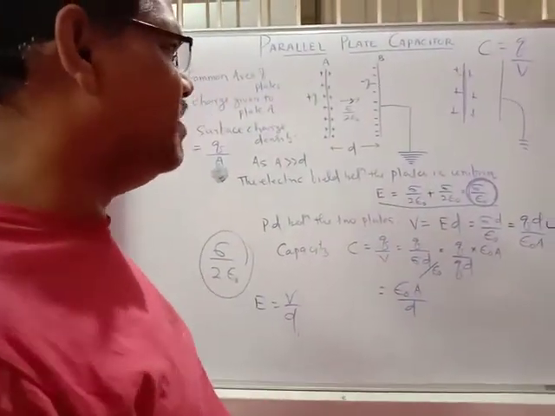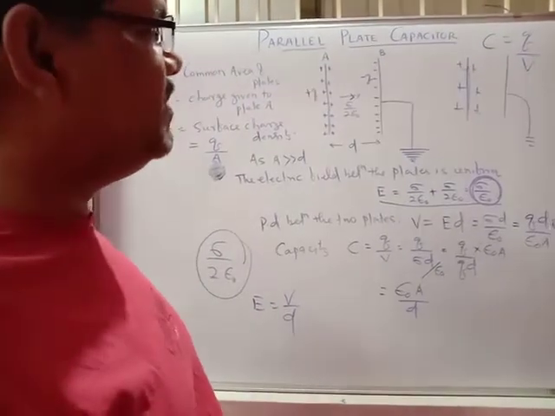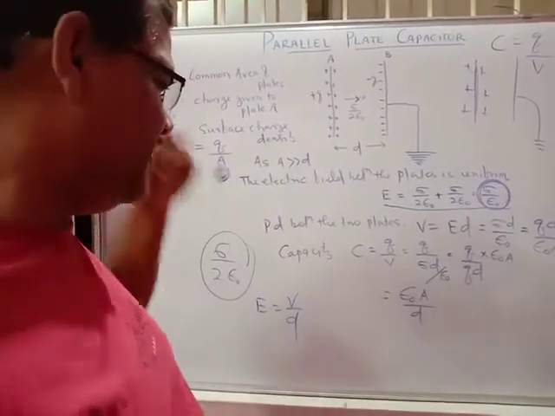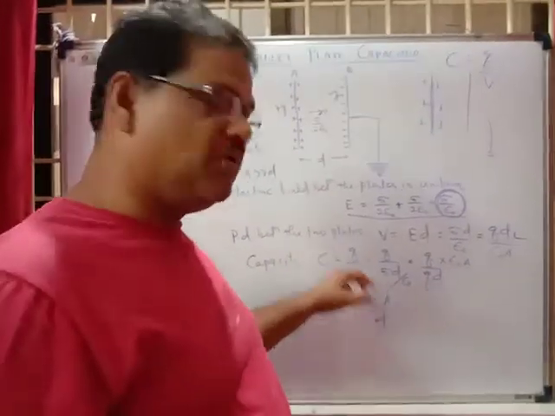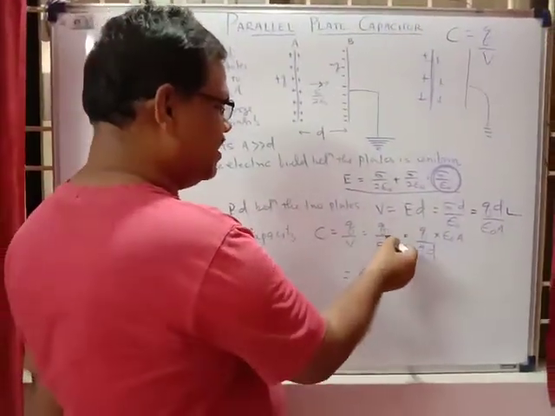And again you come to the capacity. What is the formula for the capacity? C equal to Q upon V. What is the V?